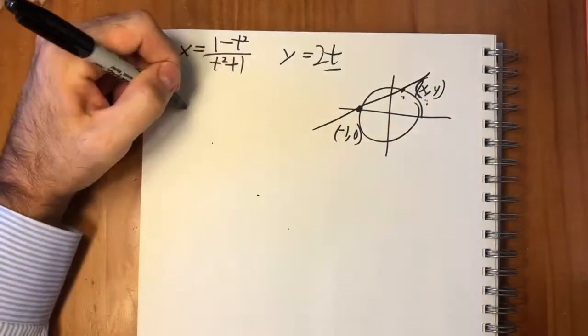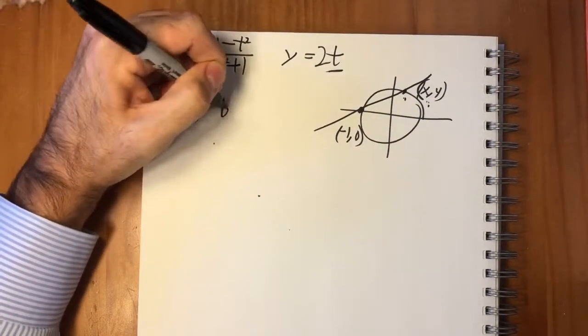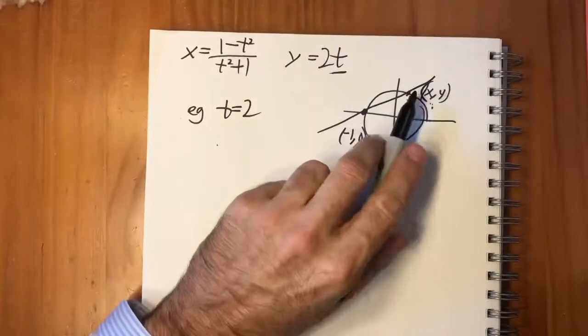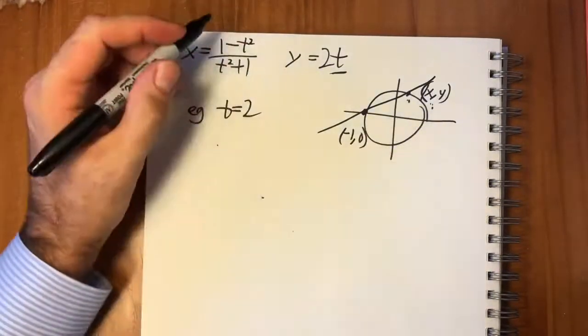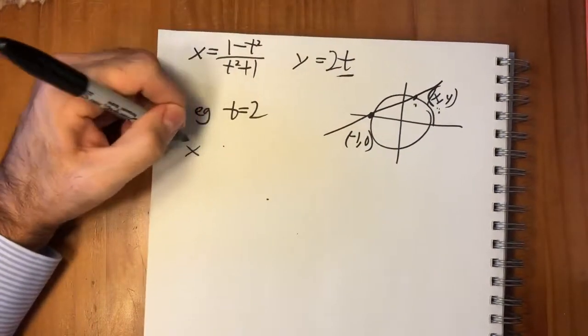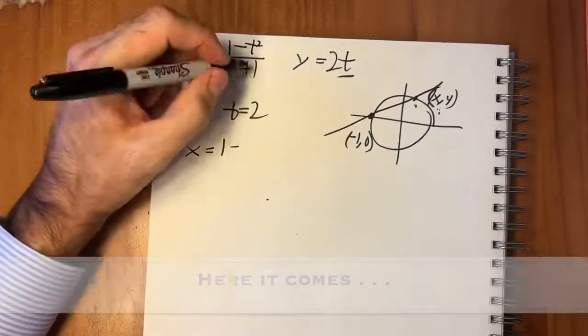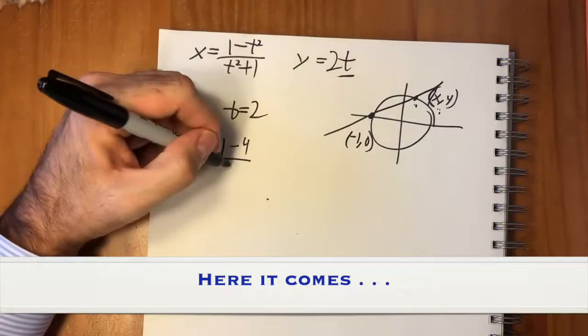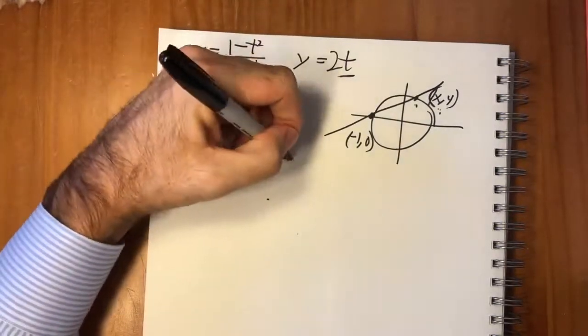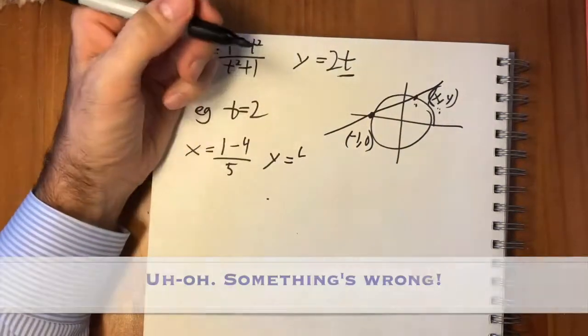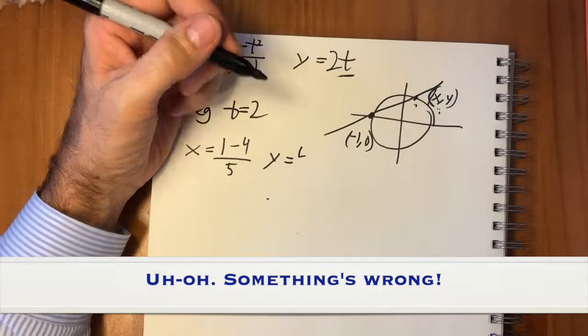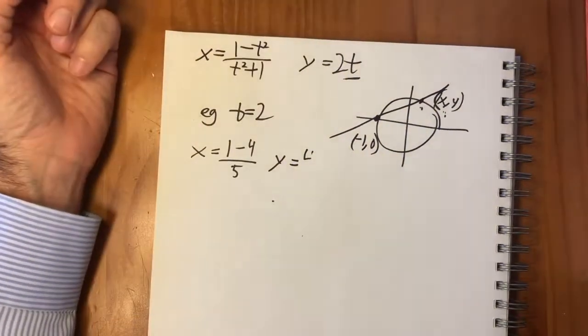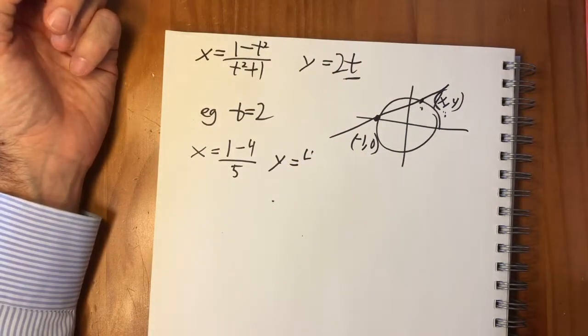So for instance, if we do t equals 2, we have then that x equals 1 minus 2 squared, which is minus 3, over 4 plus 1, which is 5, and y equals, wait, I did something wrong. What do I have wrong here?